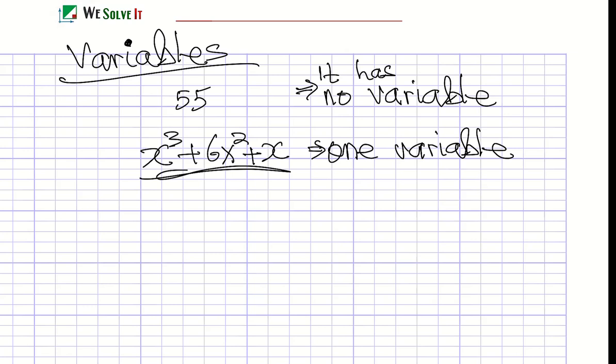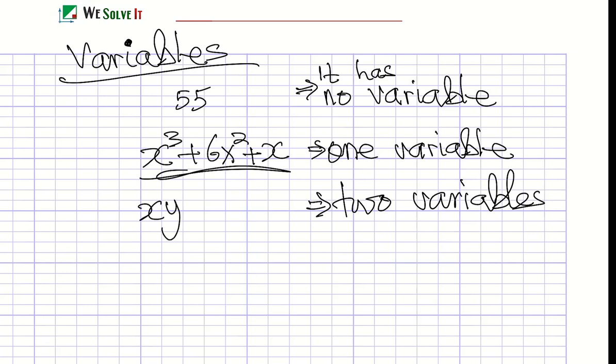Now, a polynomial with two variables will look like this: x raised to the power 3 plus 6x plus 7y. Notice that it has two variables.